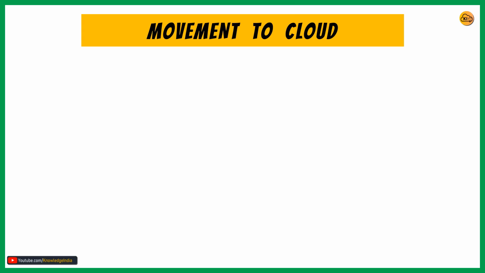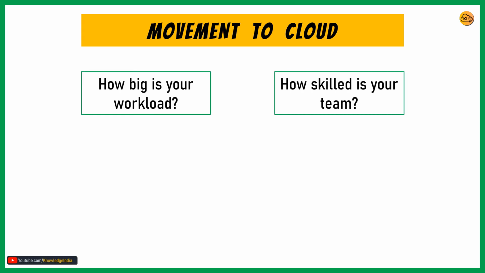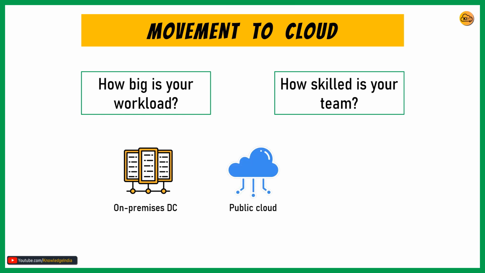Next, how much time does it take to move our workloads to cloud? It really depends on the size of your workload and also the maturity of your team. Typically, enterprises run some of their applications in their on-premises data centers while they work on migrating more and more to the public cloud. During this phase, you can consider them using hybrid cloud.